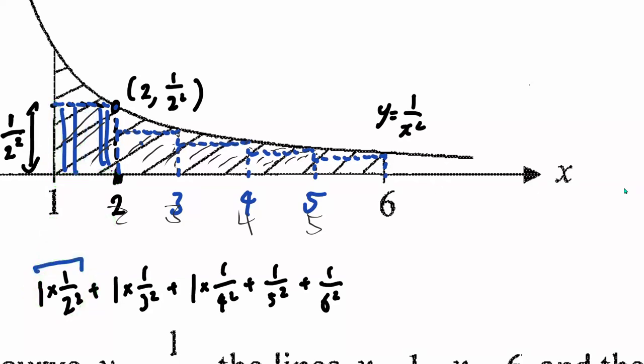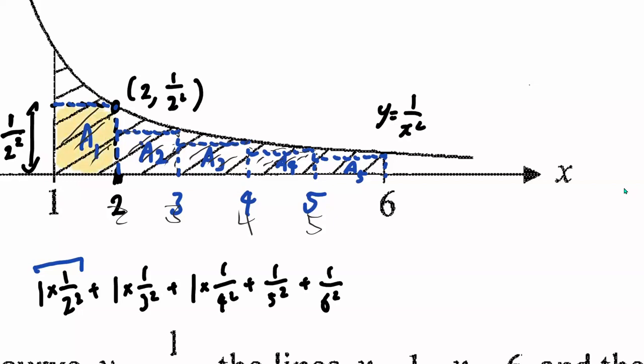Maybe to make things clearer, I'll call this A1. Then I'll call this A2, A3, A4, and A5. Maybe it's easier since I have a highlighter to highlight it.